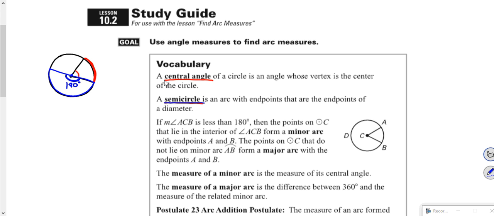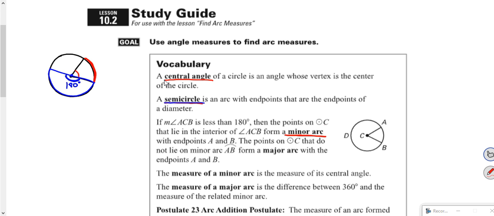Now, if the measure of angle ACB is less than 180, then the points on circle C that lie in the interior of angle ACB form a minor arc. So minor arcs are less than 180.